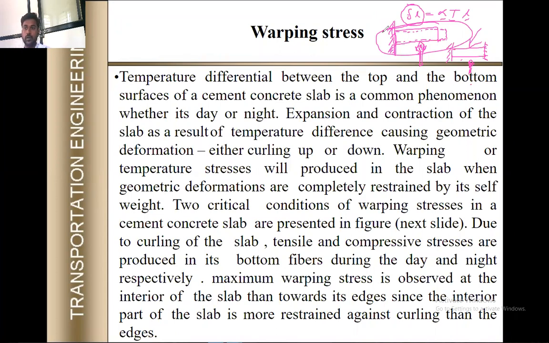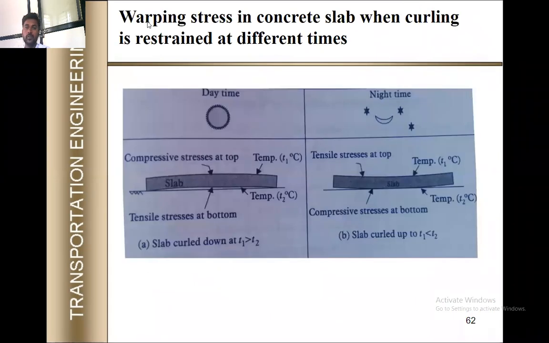Okay, and how it is shown, you will see one figure. See here, during daytime and night time, it is shown how the tensile and compressive stresses are generated. During the daytime, compression stresses are generated at the top fiber and tensile stresses at the bottom fiber.